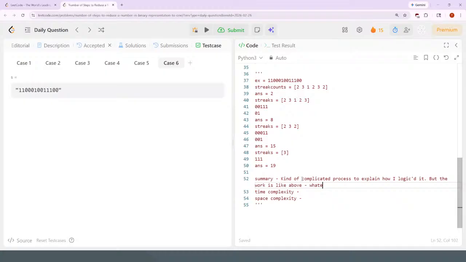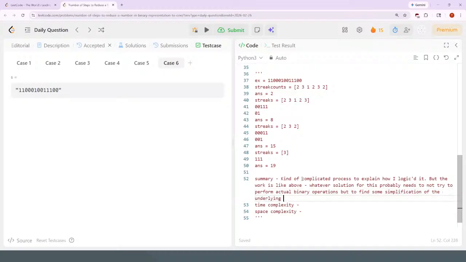Whatever solution for this probably needs to not try to perform actual binary operations, I think, but to find some simplification of the underlying bit logic or bit math.